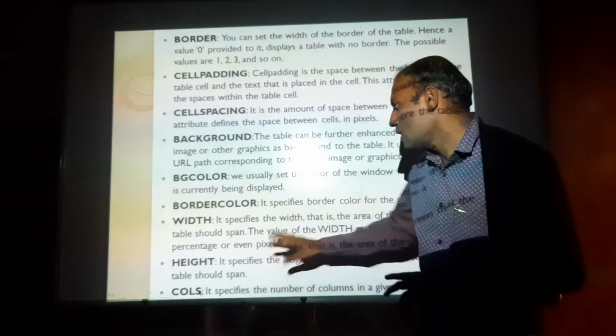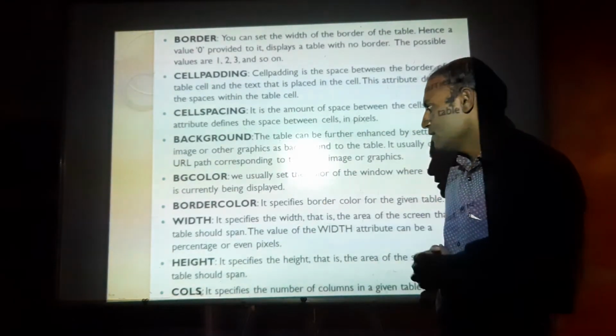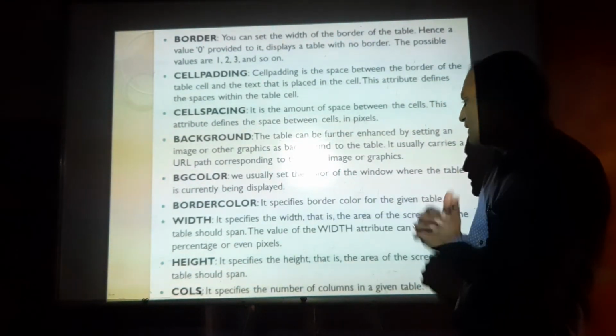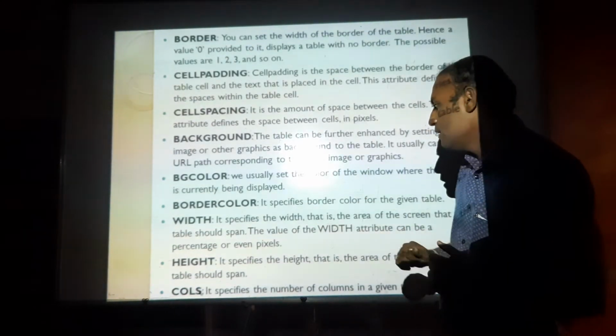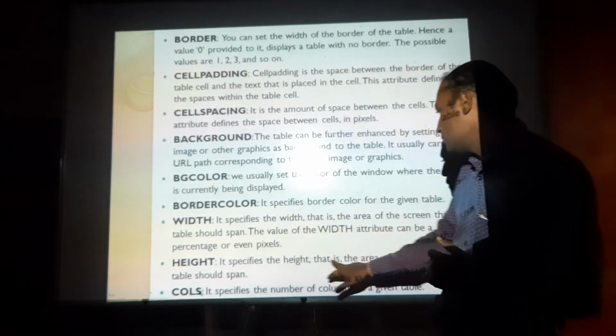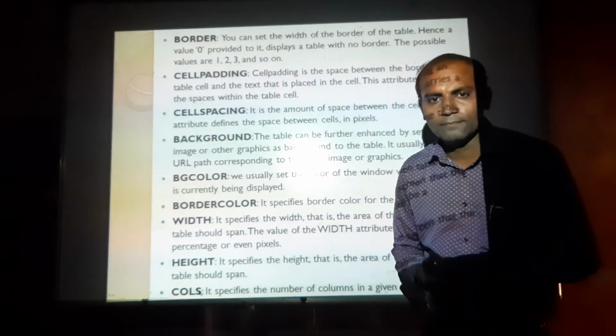The next is the height. As width is used to specify the width area of the screen, similarly you can specify the height of the table also, that is, the area of the screen that the table should span.